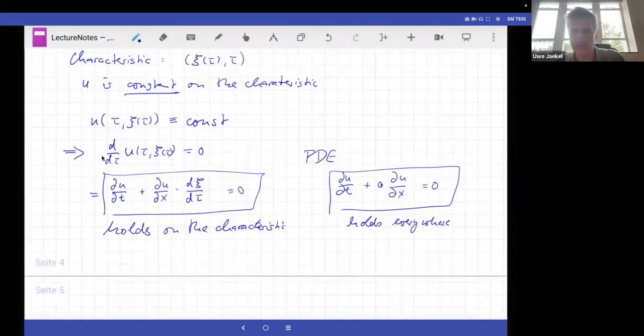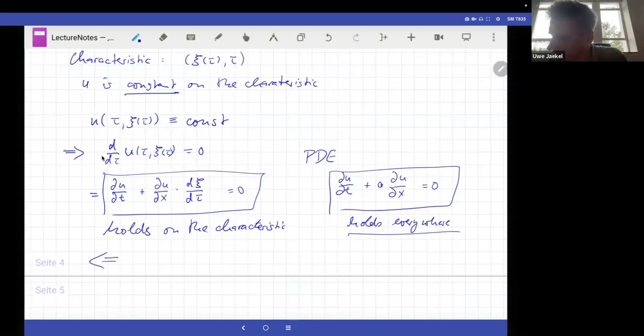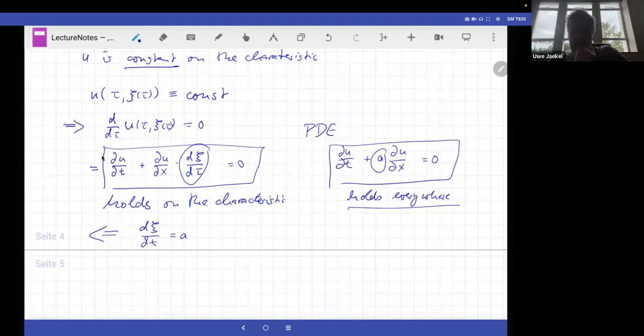What does this mean? We have two equations that must hold on the characteristics. So how can we do this? It holds when this coefficient is equal to A, so if d psi over d tau equals A.